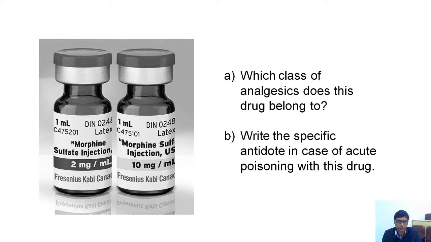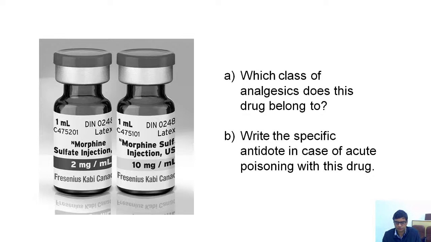For acute poisoning with morphine, naloxone is the antidote used. It is given by intravenous route. So here naloxone is the answer expected from you, not naltrexone, nalmefene or any other opioid antagonist.